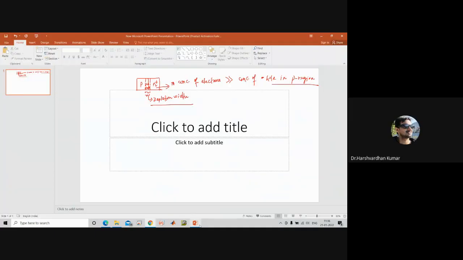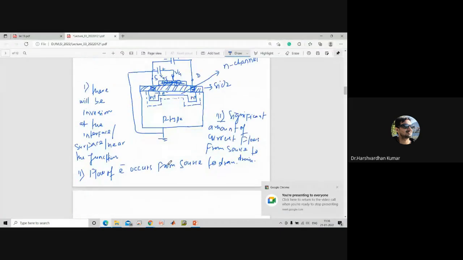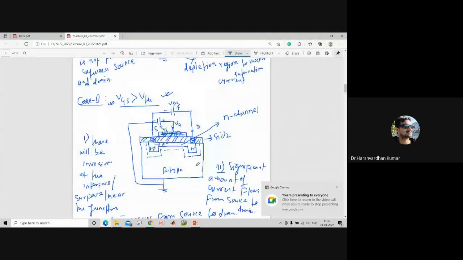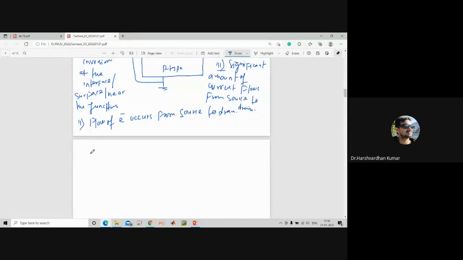Okay, so now move on. There is one more concept here. If you see case 1 and case 2, we are just varying VGS, right? But what about VDS? We have not yet varied the VDS. So let us talk about case 3.